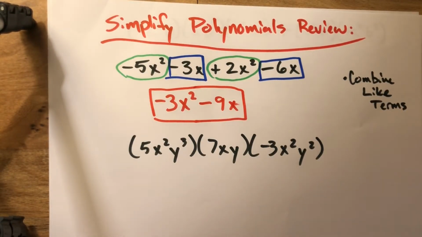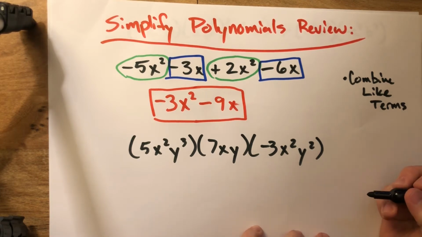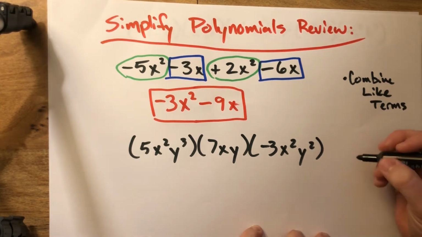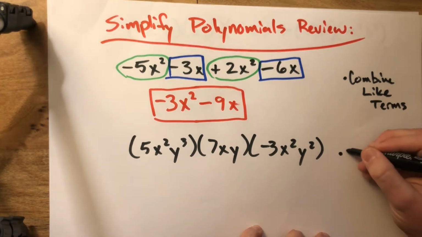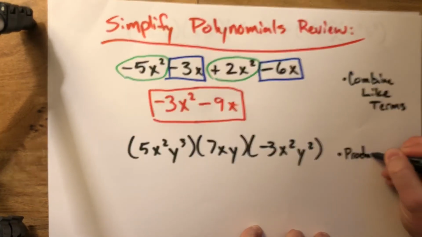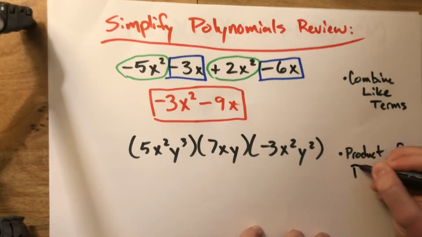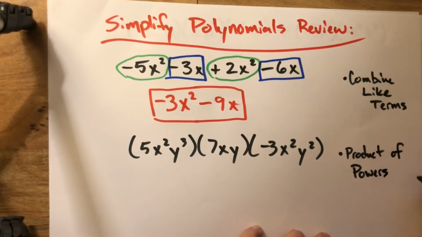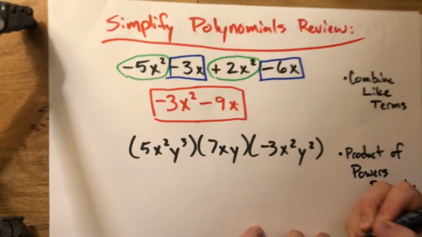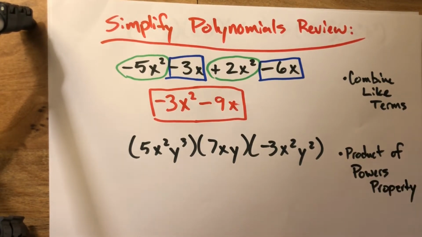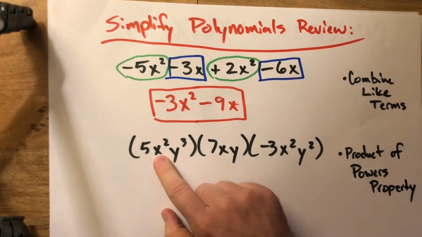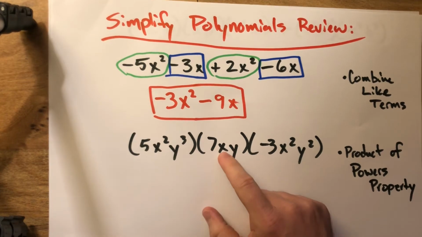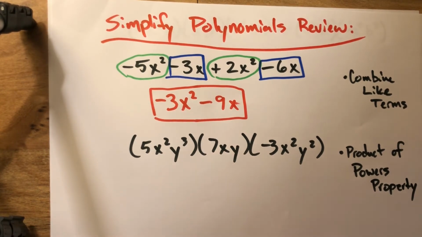The next situation, we're actually going to be multiplying monomials by each other, and we're going to be using what's called the product of powers property. And this product of powers property allows us to justify the fact that maybe an x squared times another x would equal x to the third.